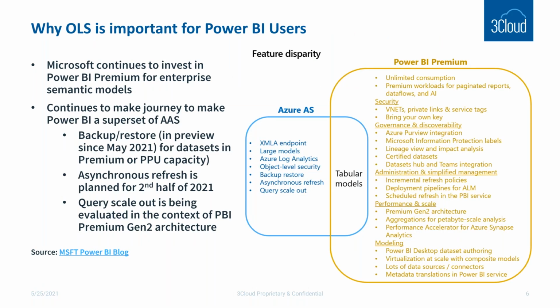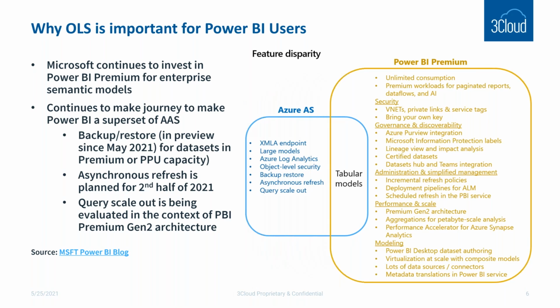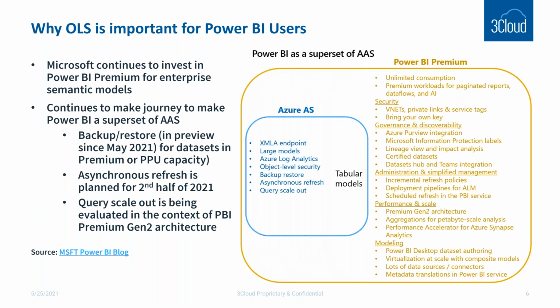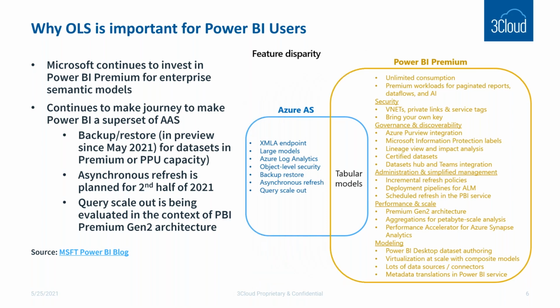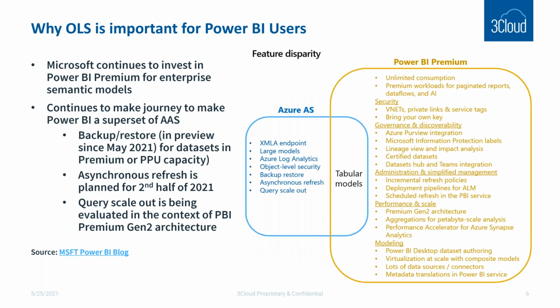So this is kind of an important slide, and you can see that it expands here on the right-hand side. Microsoft's product team's goal is to unify the features and make Power BI Premium contain all of the features that Azure Analysis Services has and more. As you can see, and I updated this slide last night actually, because everything just changes fast and furious. The backup and restore functionality that has been in preview since May 2021 for data sets is out there, right?